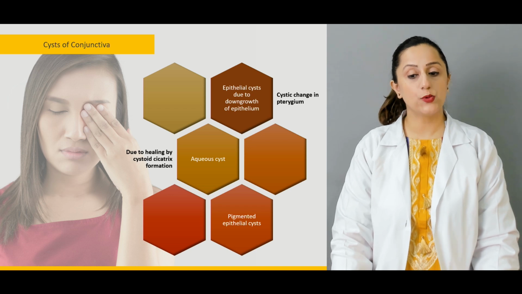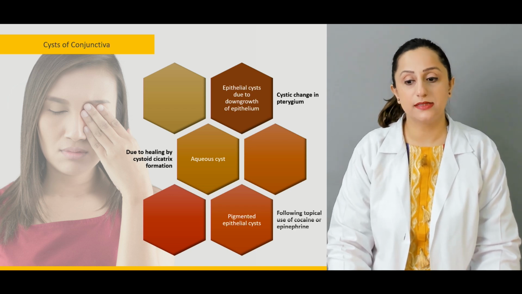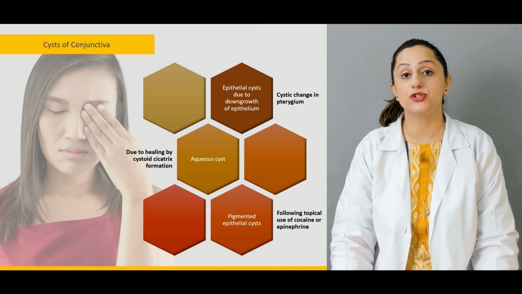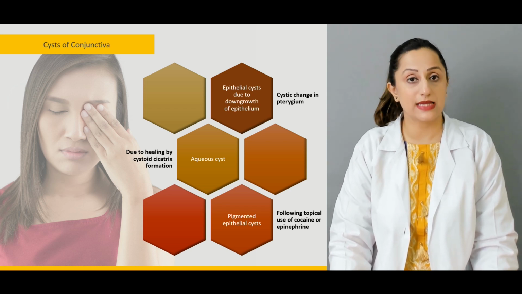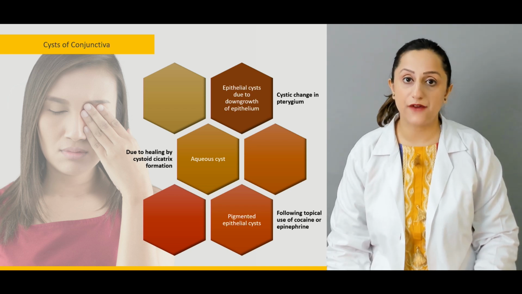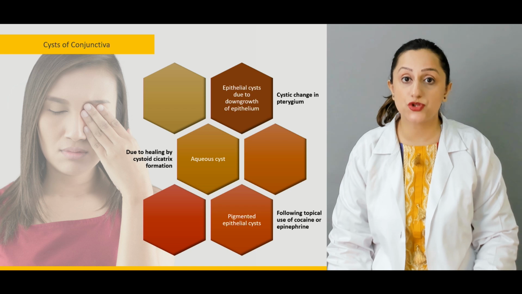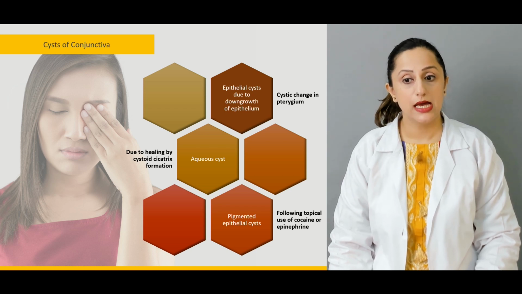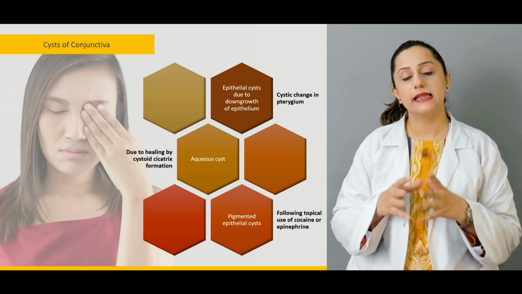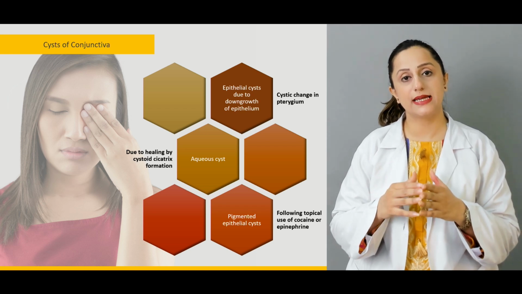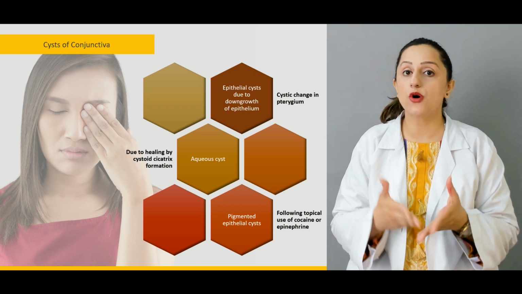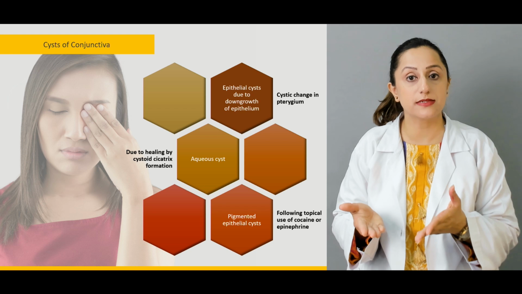Then on the other hand, we have the pigmented epithelial cyst following topical use of cocaine and epinephrine. So drug and substance abuse is another point that we have to consider when we are taking the history from the patient. All of these etiological factors lay down the groundwork whenever we are investigating a case of cystoid lesion in an individual and we want to know what the causative factors can be.